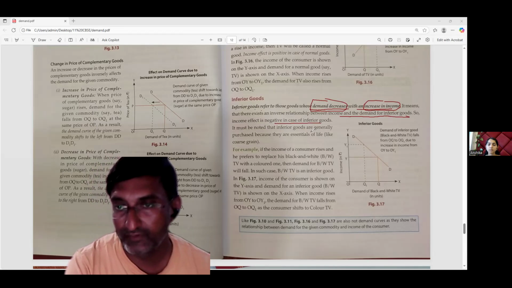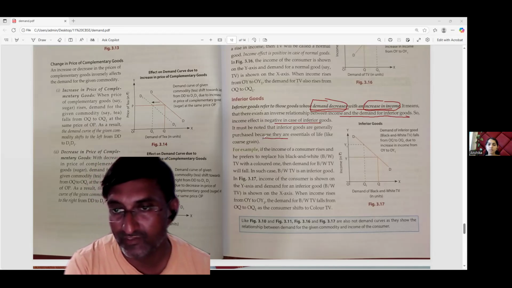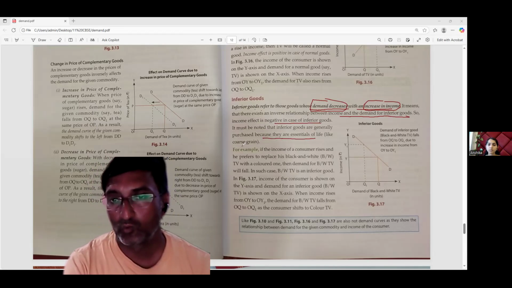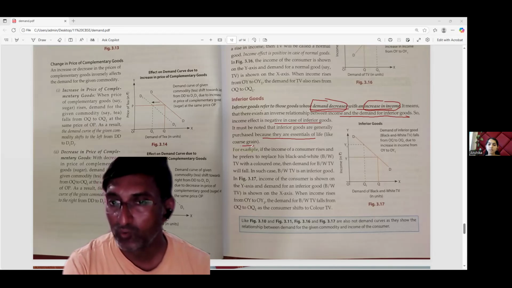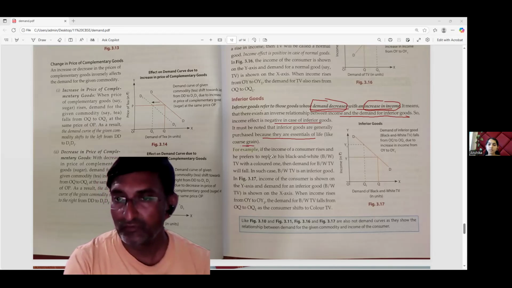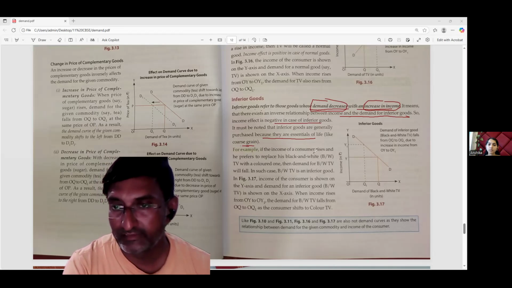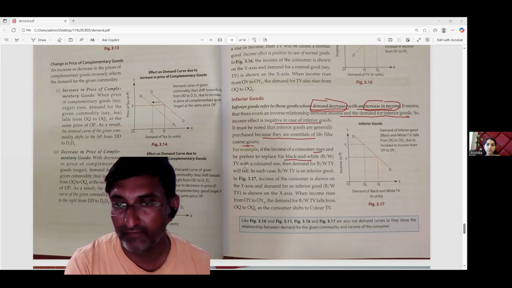It must be noted that inferior goods are generally purchased because they are essentials of life, like coarse grain. Suppose the income of a consumer rises and he prefers to replace his black and white TV.